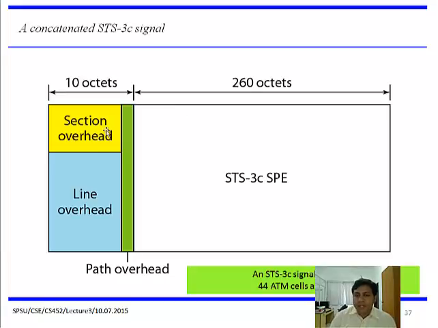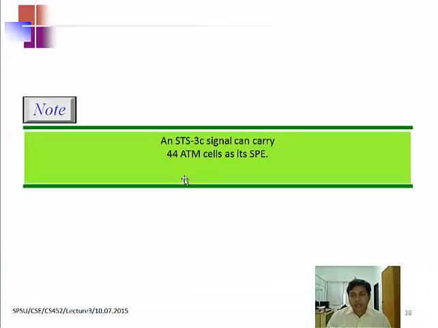So this is the architecture of a bigger signal of STS3. Now we can actually create an ATM signal in SONET. We can create MPLS and high-end standard signals.